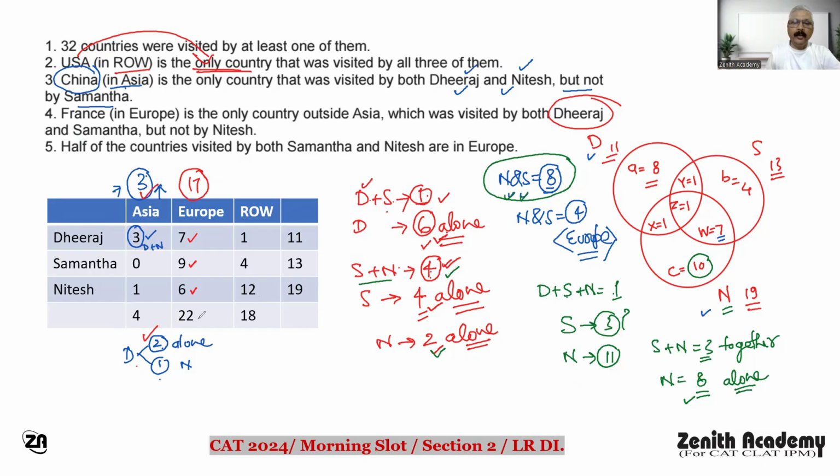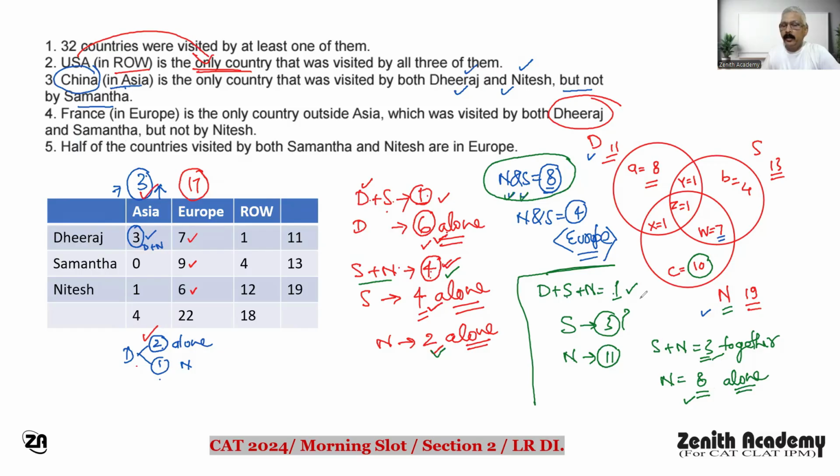So look here. 8, please, Dheeraj alone 2, Dheeraj alone 6. Yes, Samantha visited 4 countries alone. So Samantha visited 4 countries alone. Okay, it is satisfied. I think every point is good. And now look here in the rest of the world, one country, 1 plus 3, 4, and 4 plus 8.